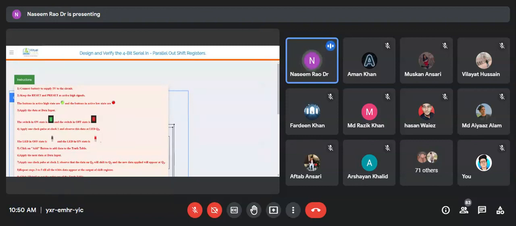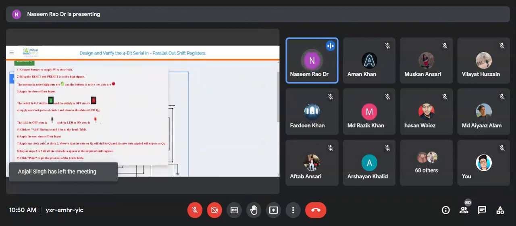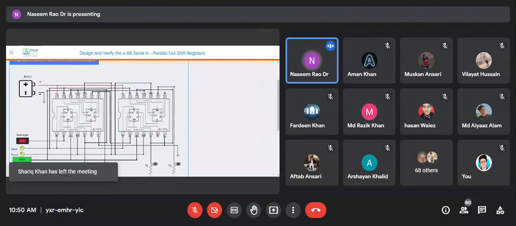The LED has an off state and an on state. Green means it is glowing, and red means the LED is in the on state. If it is not glowing, it is off, and then there is the add button, with the same procedure as here. First we connect the battery and then press this one, and green is this.